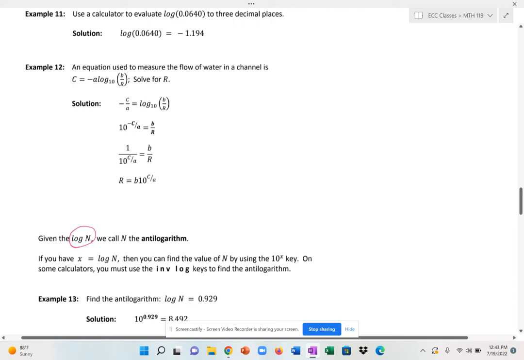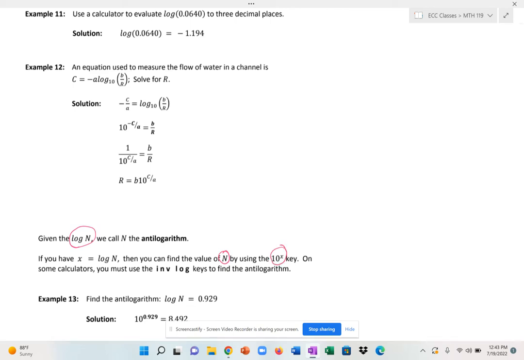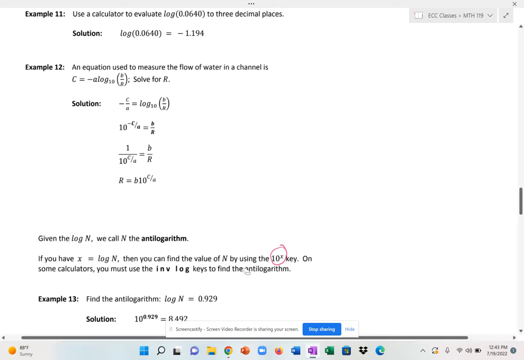And because there is a relationship with the base 10, you can solve for the anti-logarithm by using the 10 to the x key. In some calculators, it might be called the inverse log key, and it'll make sense soon why it's called the inverse log. So this or this might exist in your calculator.